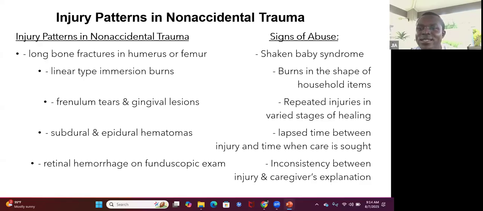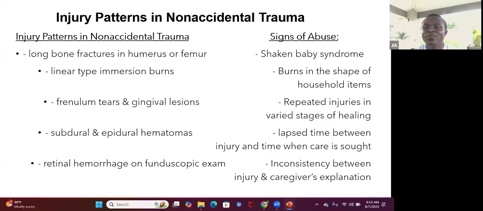And when you look at your right-hand side here, these ones are definitely signs of abuse. The first one, shaken baby syndrome. Those of you who have met the word coup, contrecoup, I don't know how some of us will pronounce it, whether it's a French word, it's different from shaken baby syndrome, but you have similar signs and symptoms happening.